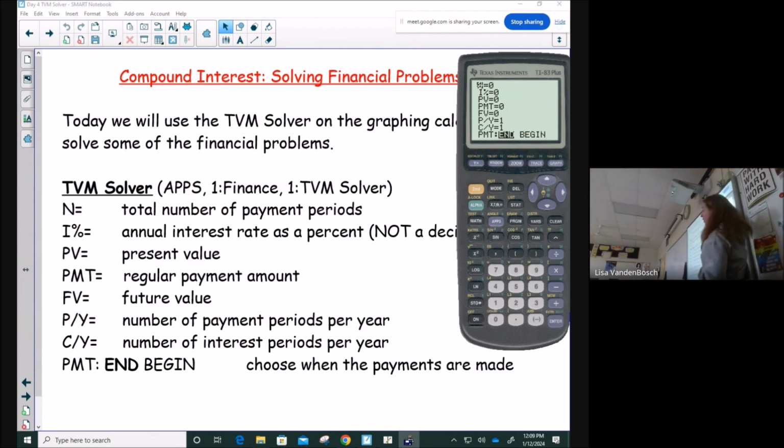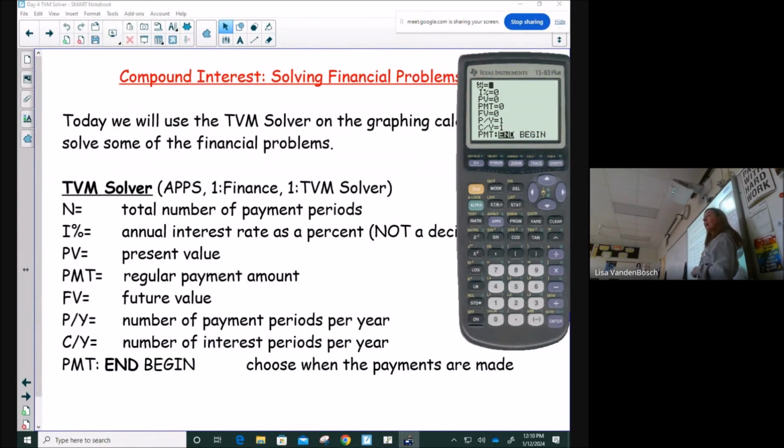So the first one you should see on your screen is an N. N is going to be the exact same as it was in our annuity formula and our compound interest formula. So we are going to take it by how it's compounded. Number of years multiplied by how it's compounded. So I don't know if you want to make yourself a little note right here.